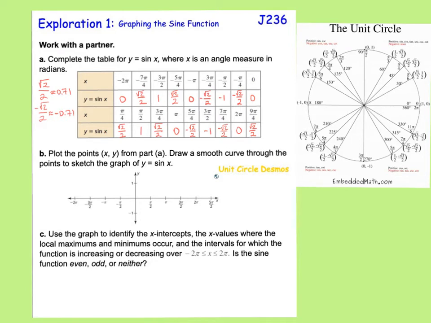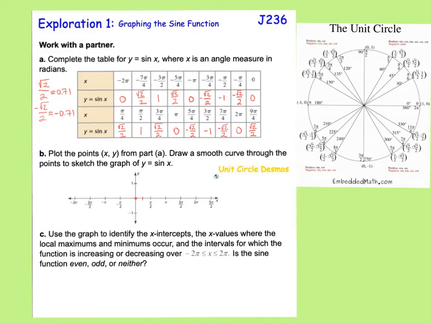So again, I would like to start the same way as we started before. So we're going to start with 0 and go in the positive direction first. So at 0, we are going to graph 0. At pi over 4, which is halfway here, we have 0.71. So here is 1, here is 1.